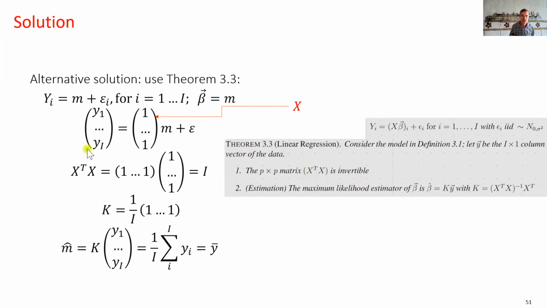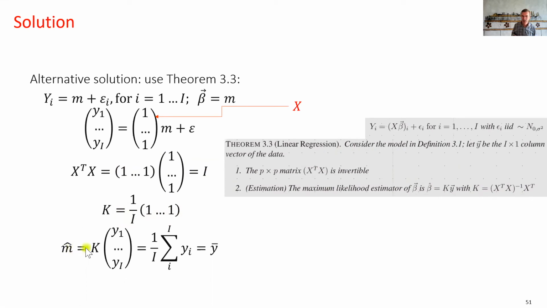X is this column matrix, so X transpose X is a 1 by 1 matrix, which is a number: I, the number of data points. For the K matrix, we take the inverse of X transpose X, which is 1 over I, times X transpose. This is my K matrix.